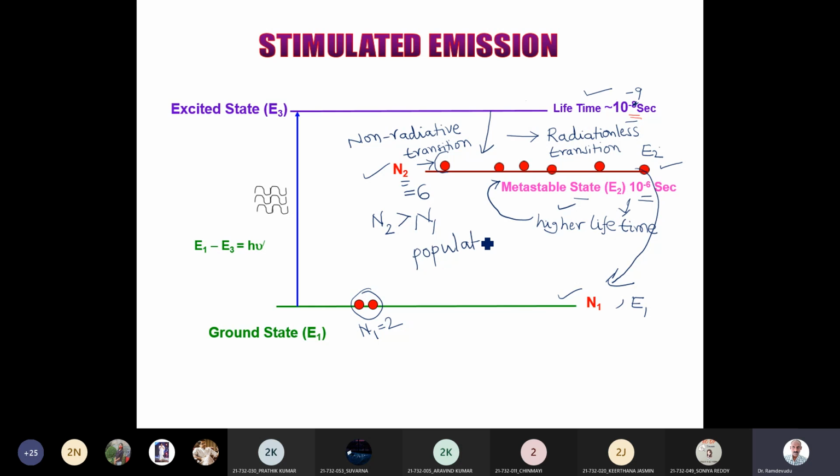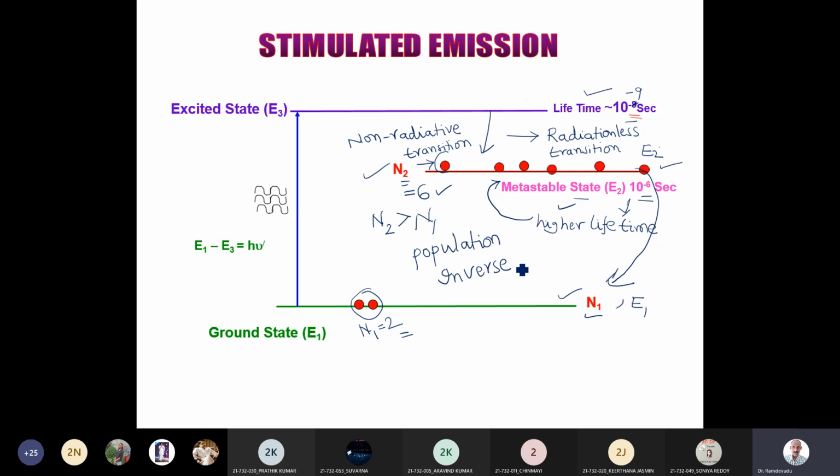Population inversion: the number of atoms is called the population, just like the population of a country or a city. The population in N1 is less because I have only 2, but in the excited state we have more, that is 6. Hence the population is more. That means the general condition of thermal equilibrium is inverted. Inverted means we have more atoms in the excited state than the ground state. That condition is called population inversion.